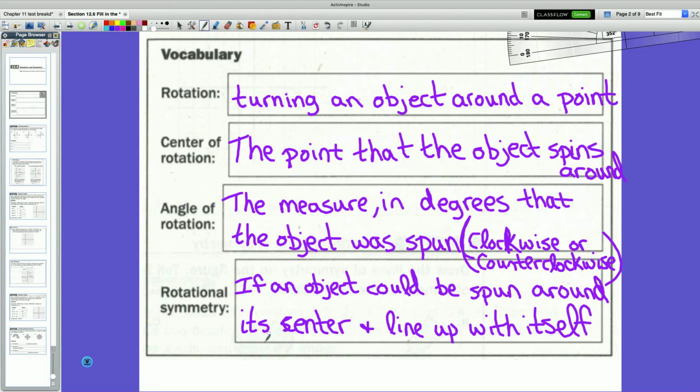Right? And this again is measured in degrees.